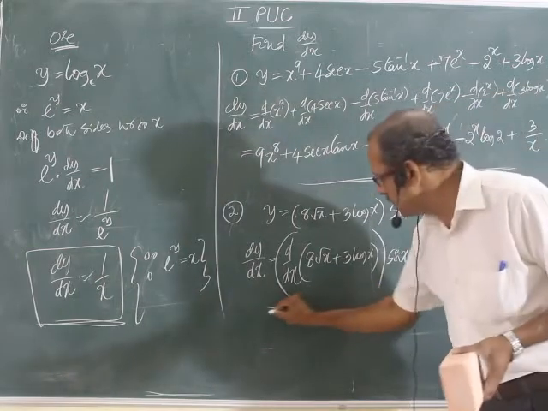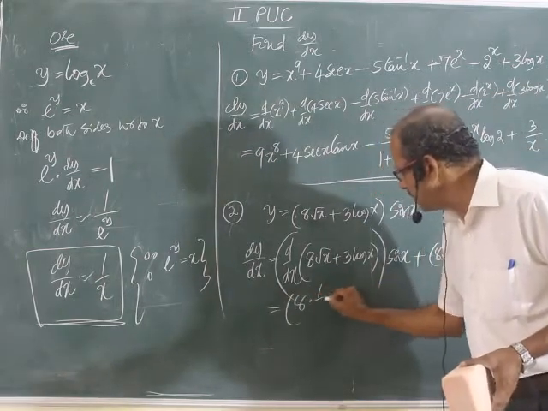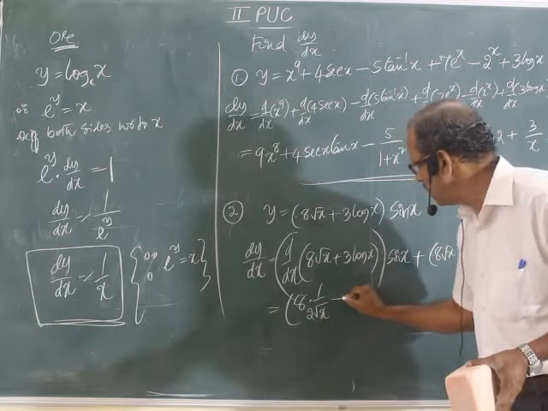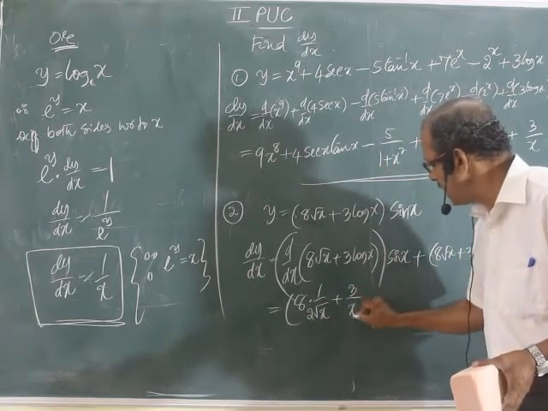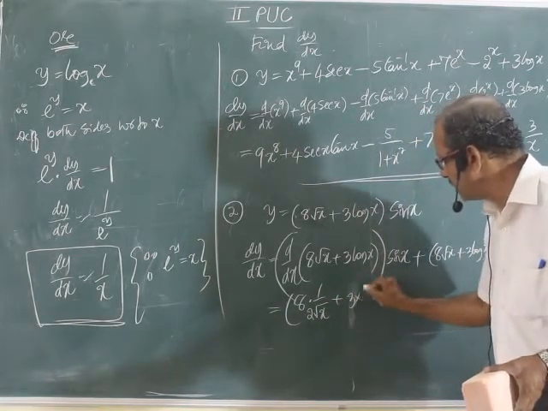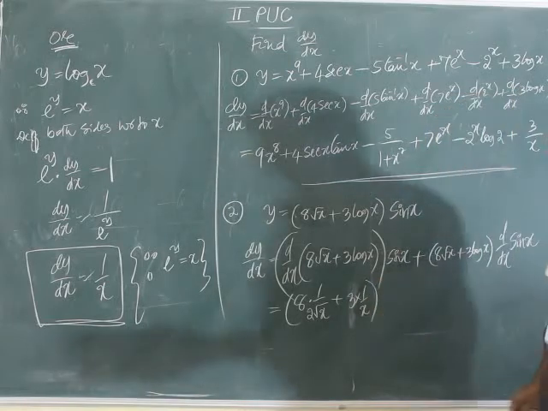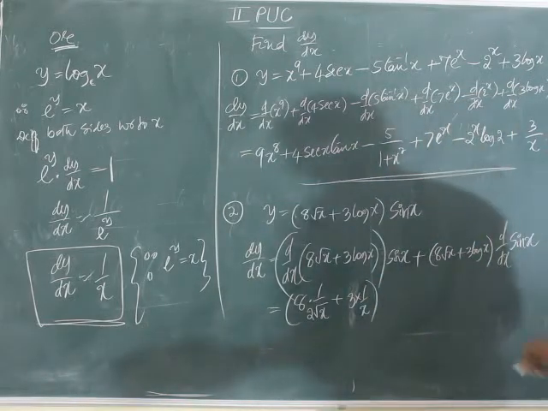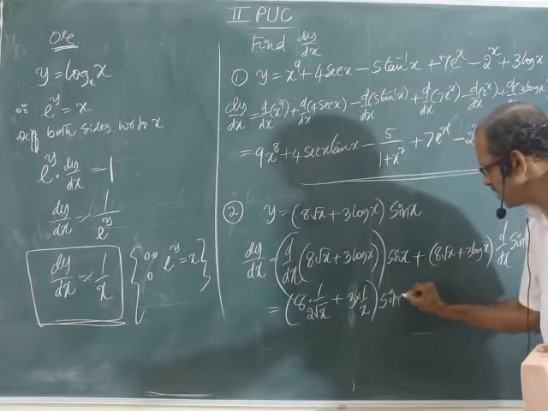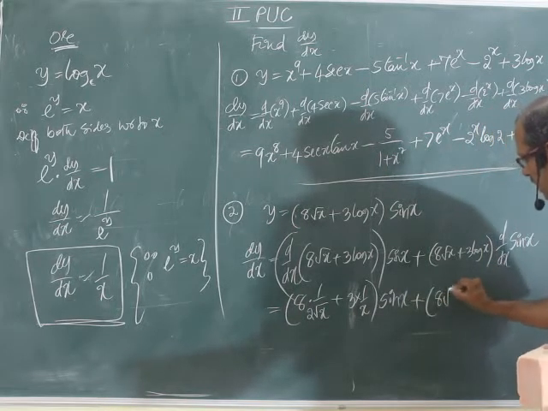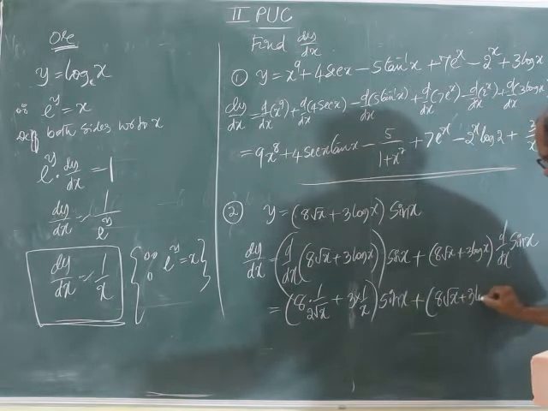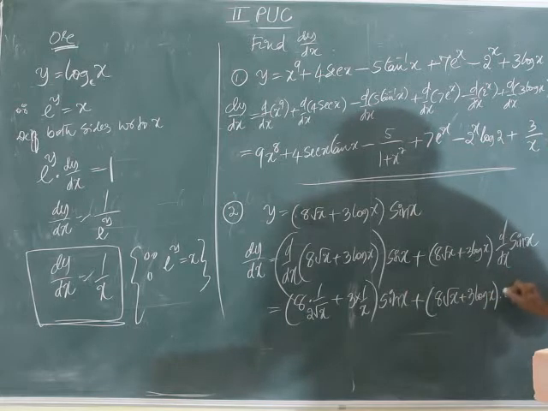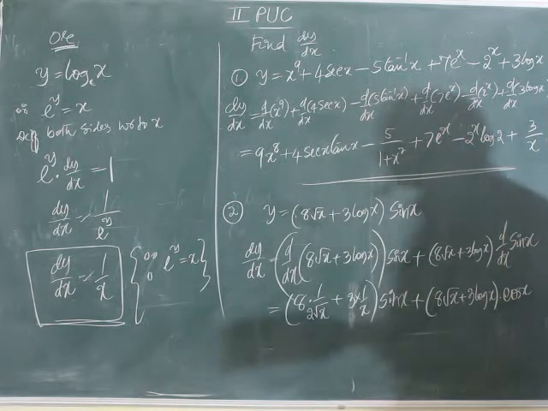Answer is 8 into 1 by 2 root x, plus 3 into 1 by x, or 3 into 1 by x itself let me write. However, I have to write one more step. Into sin x as it is, 8 root x plus 3 log x into cos x.